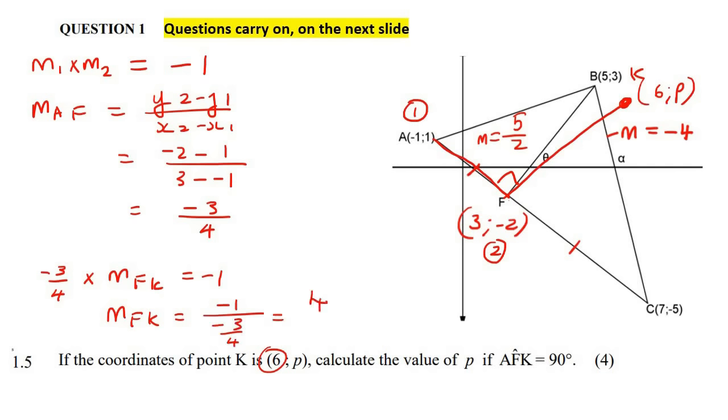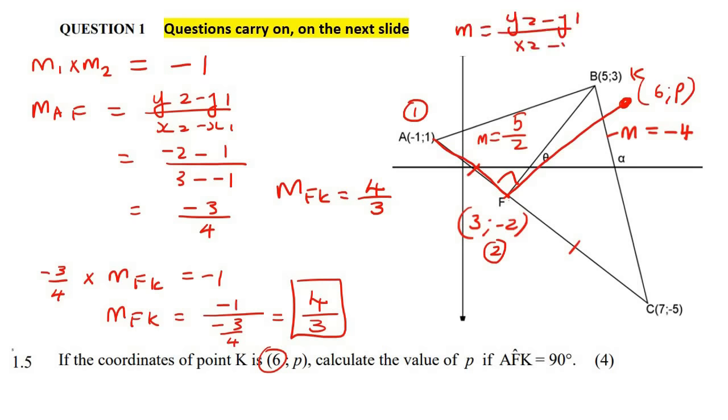And if you do that correctly on the calculator, you should end up with 4 over 3. So the gradient of FK is going to be 4 over 3. So now that we have the gradient of FK, we can now just use the gradient formula in reverse. So we know that gradient is y2 take away y1 over x2 take away x1.